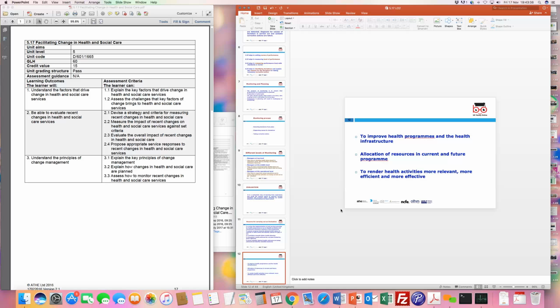Now, this particular sector has one of the largest numbers of employees within the public sector. Between doctors, nurses, and the ancillary staff, there are 155,000 people who work within this sector.